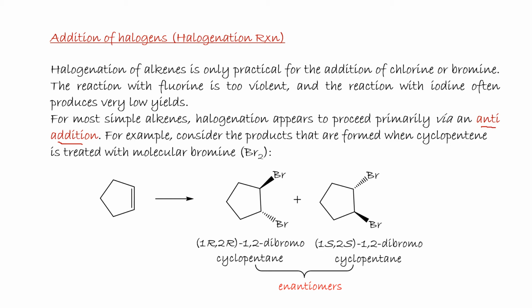For example, consider the products that are formed when cyclopentene is treated with molecular bromine, Br2. Cyclopentene with bromine in carbon tetrachloride affords 1R,2R-1,2-dibromocyclopentane and 1S,2S-1,2-dibromocyclopentane, and these are a racemic mixture.